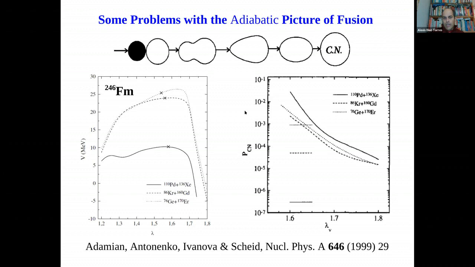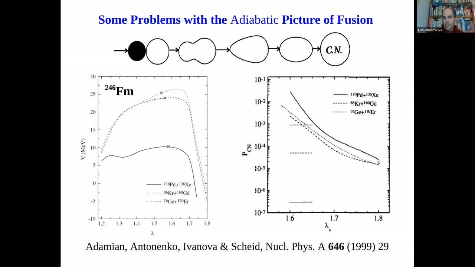The authors calculated the probability for compound nuclear formation as a function of the initial location of this dinuclear system, called lambda v. This is where the cross is, whether the cross is here or here or here, and they calculate the final probability for compound nuclear formation as a function of this initial condition.